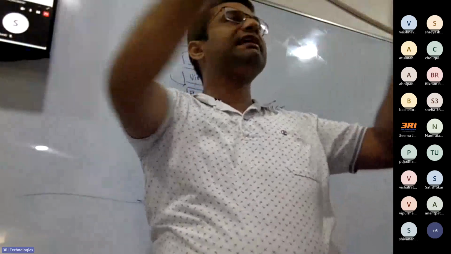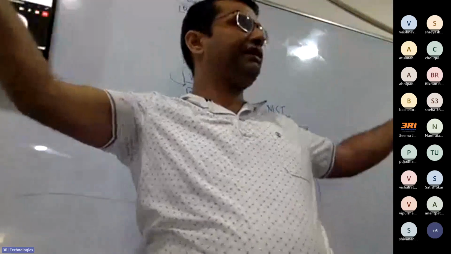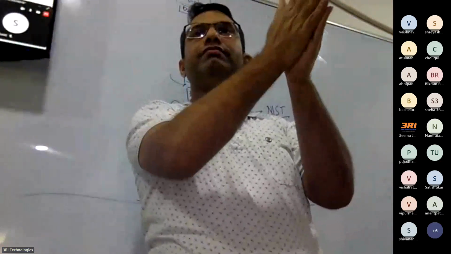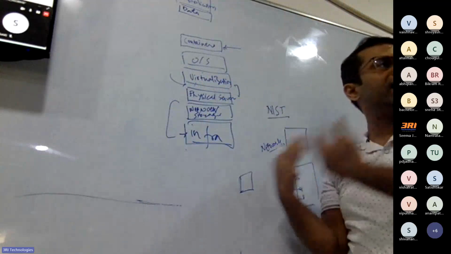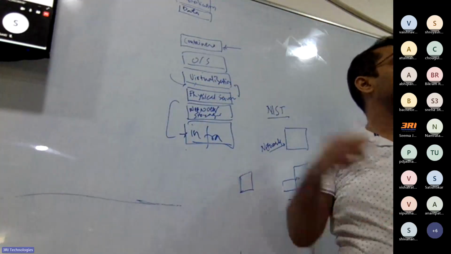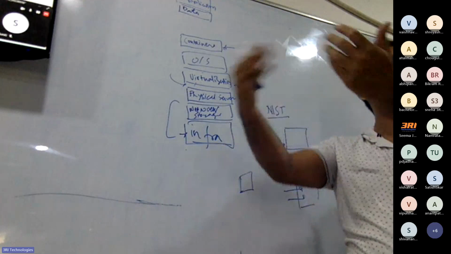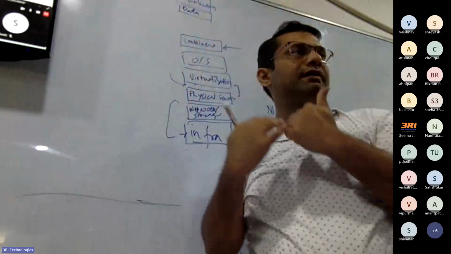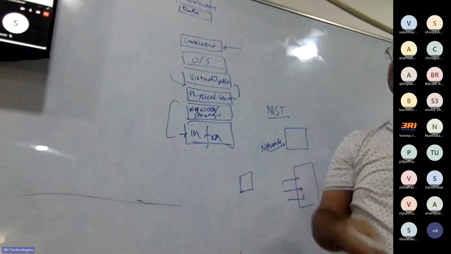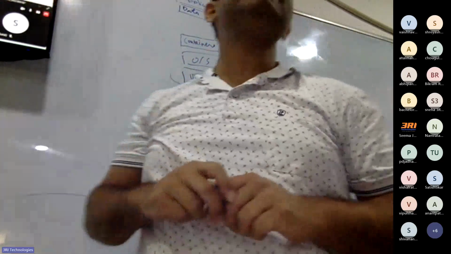Elastic means if you stretch it, it will also go back to its original position. That means whenever you are done with your requirements, you can return the resources back. You can rapidly scale up and rapidly scale down. That is the meaning of rapid elasticity.